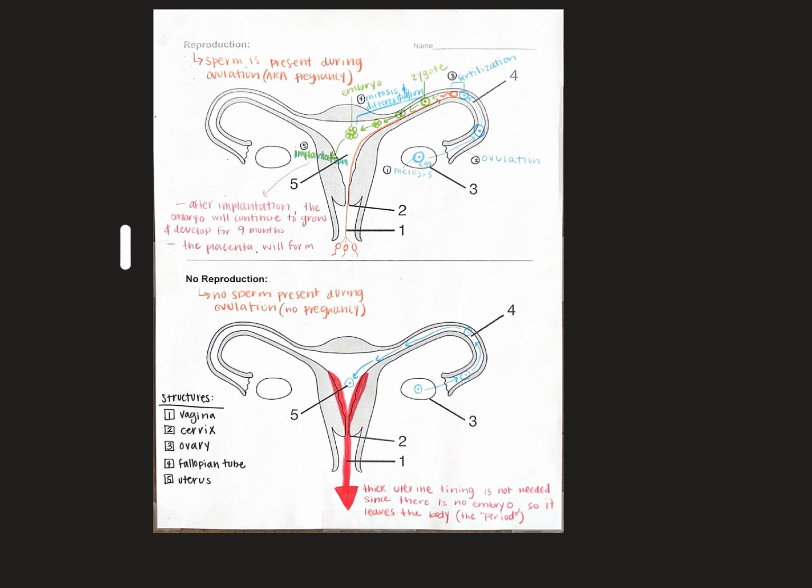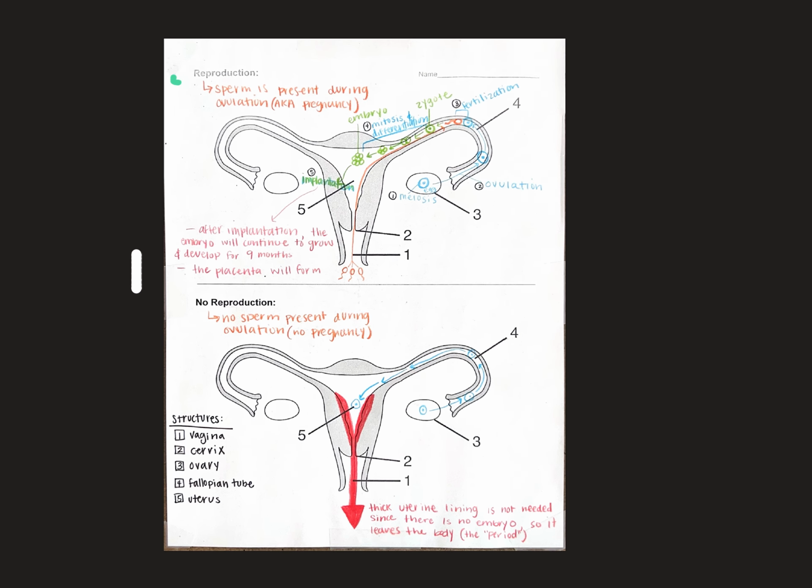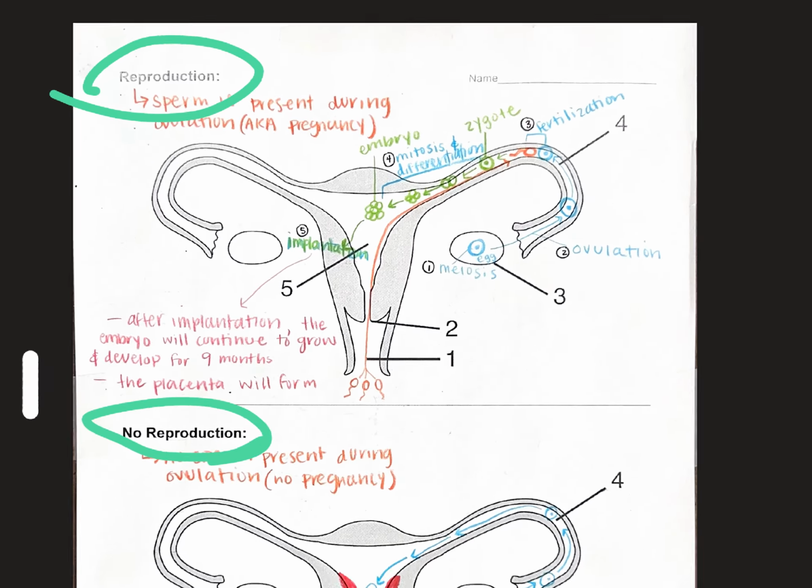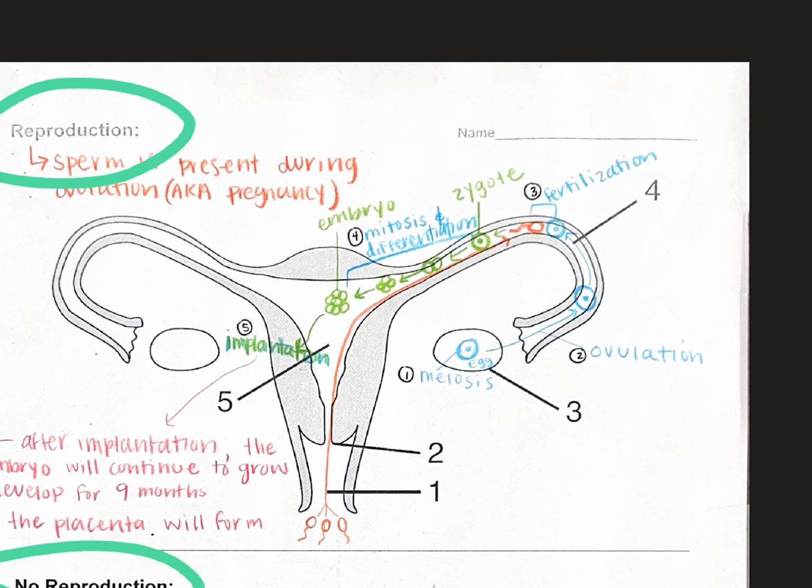I'm just going to recap here what the differences would be if reproduction was occurring versus if no reproduction was occurring. So if reproduction was occurring, we would have ovulation occur. The egg would be released into the fallopian tube, and fertilization would happen, where the sperm meets the egg. It would form a zygote.